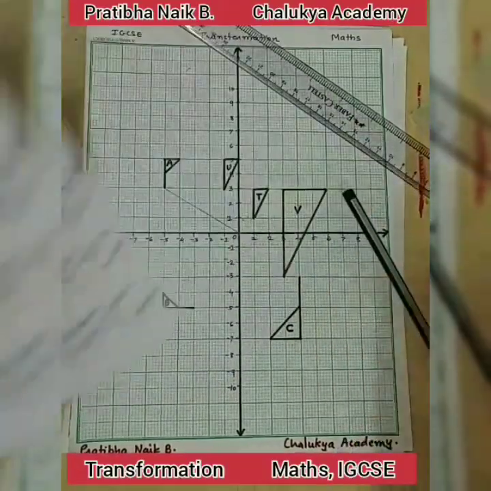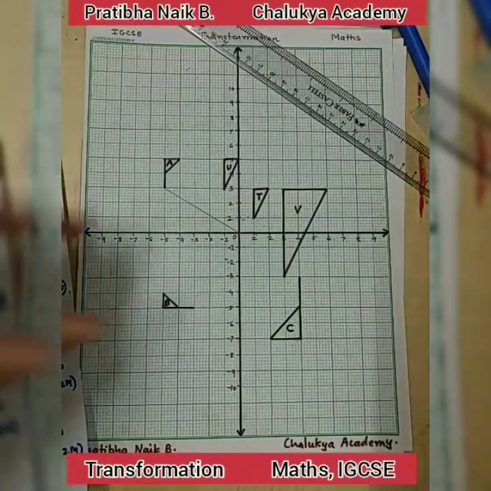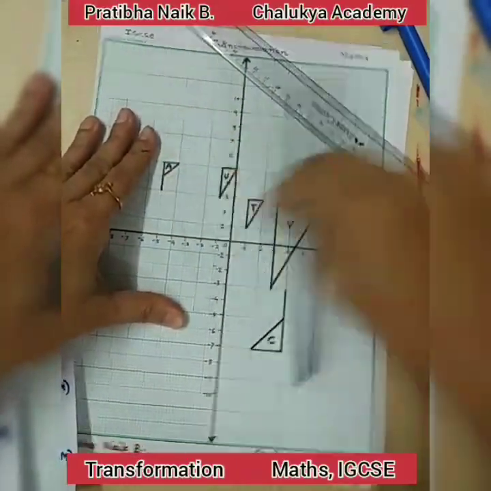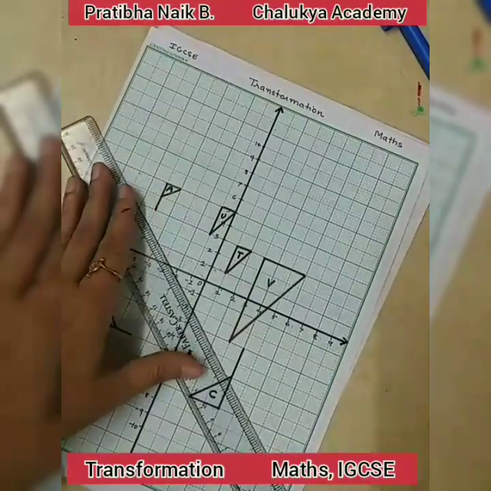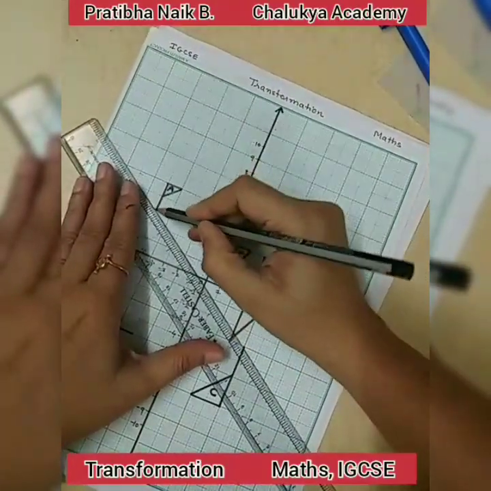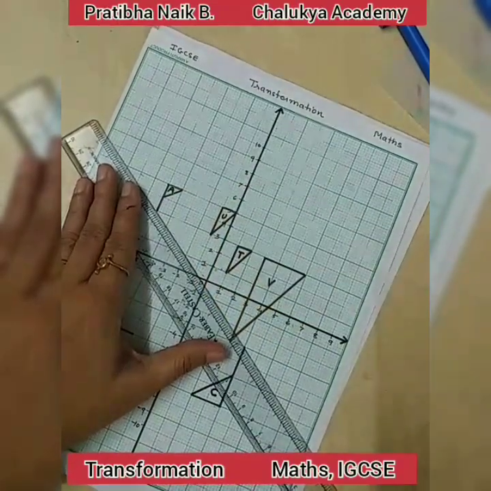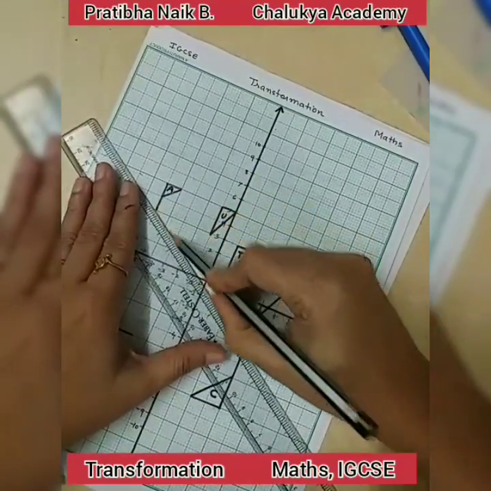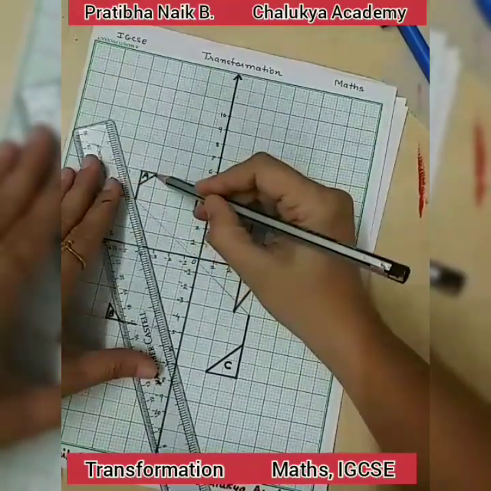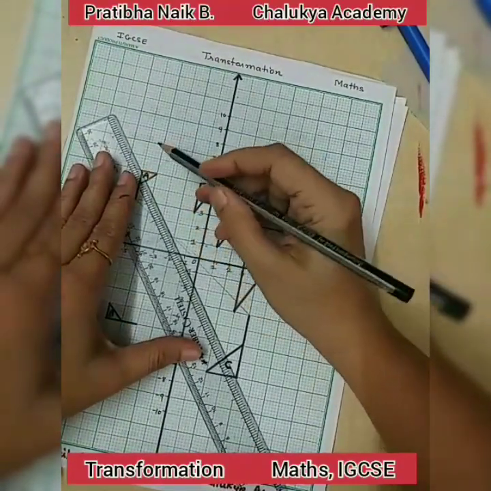Now we know that for origin, we have to draw the line which is passing through the corresponding points of the given figures. So now these two are corresponding points, so I am just drawing the line which is passing through these corresponding points.